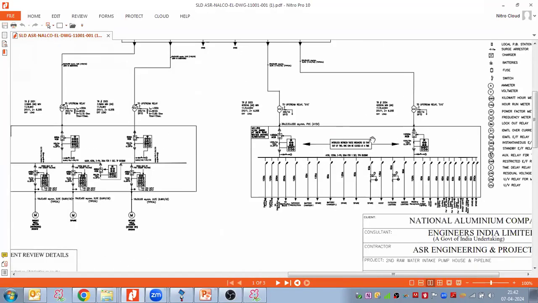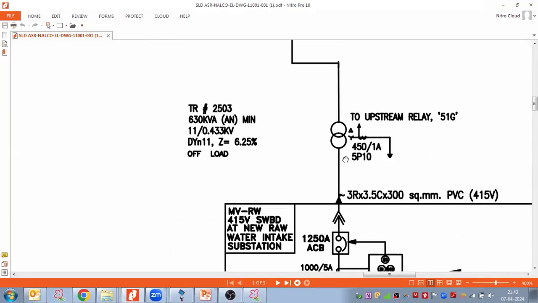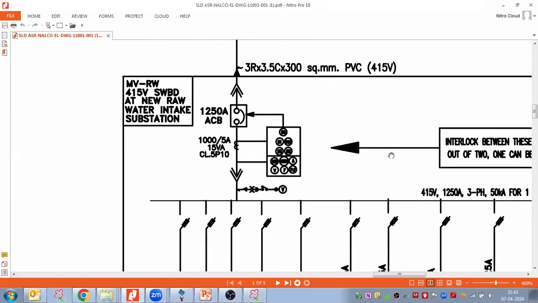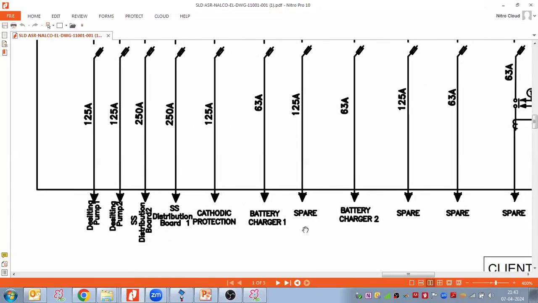Coming to this another switchboard, again they are using a transformer. They step down 33 kV to 400 volt and feed a 400 volt switchboard. In this switchboard we have small pumps, sub distribution boards, cathodic protection, battery charger, spare.